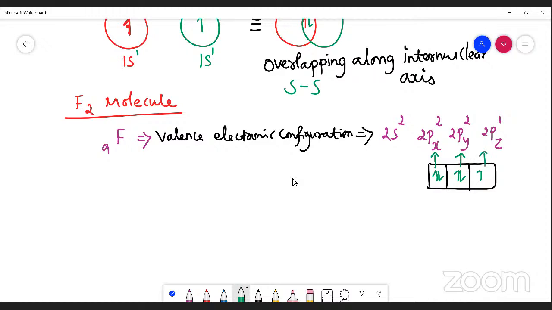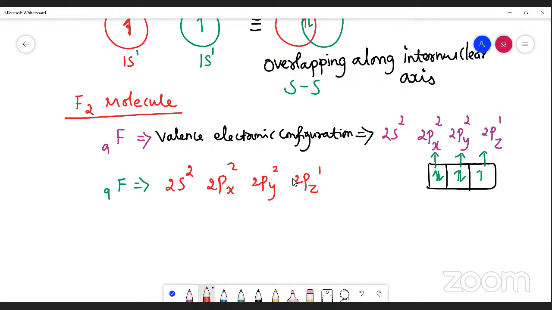Likewise the second fluorine, also 9 electrons, but we are writing only the valence electronic configuration, which is the same: 2s2, 2px2, 2py2, 2pz1.